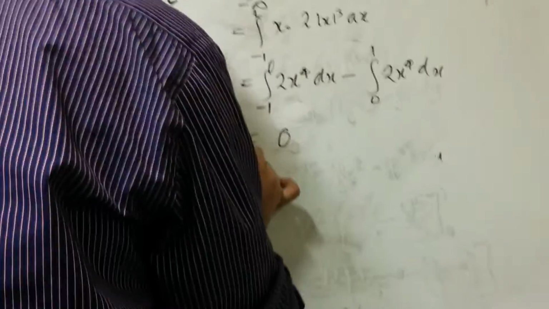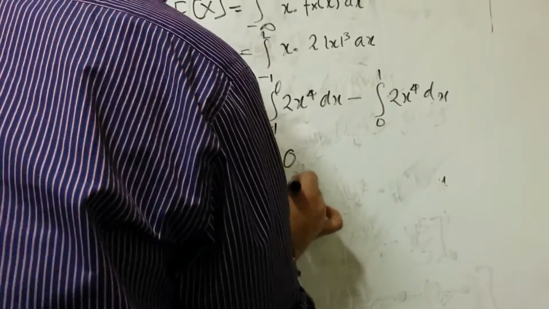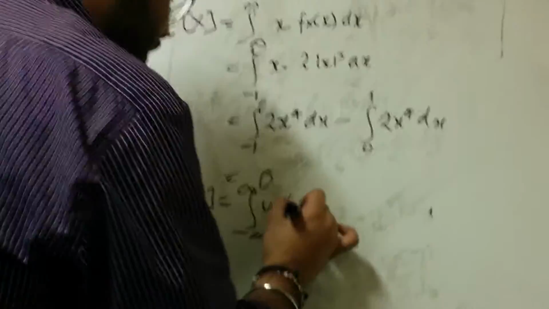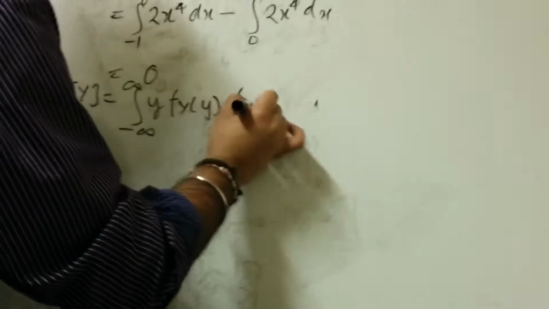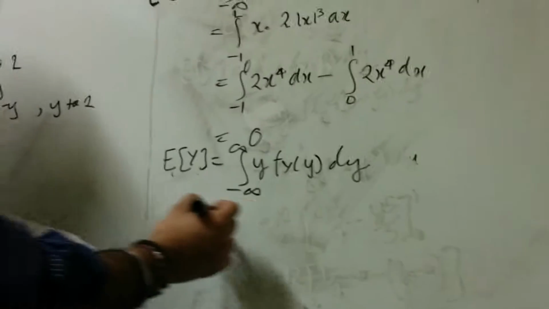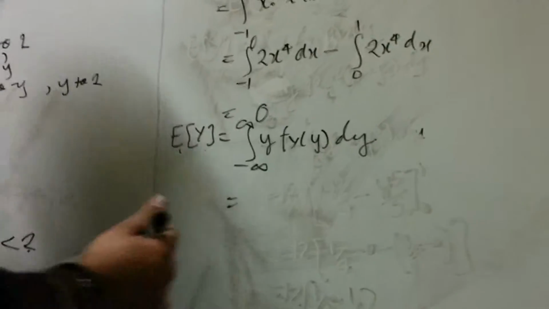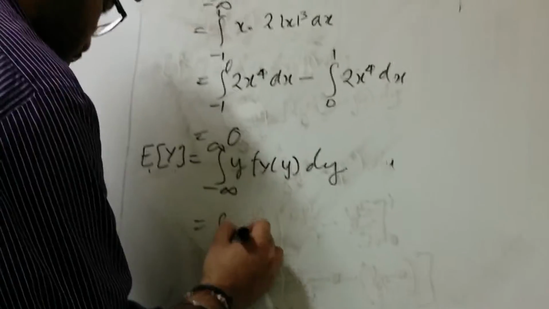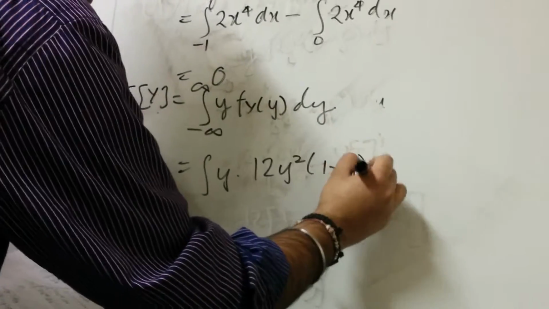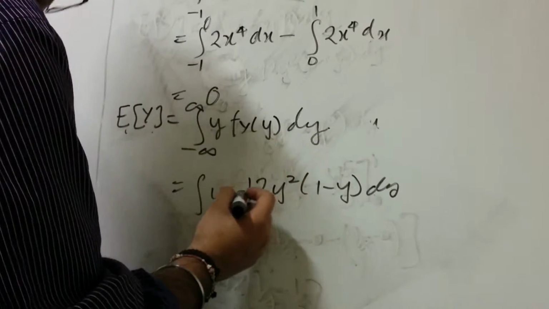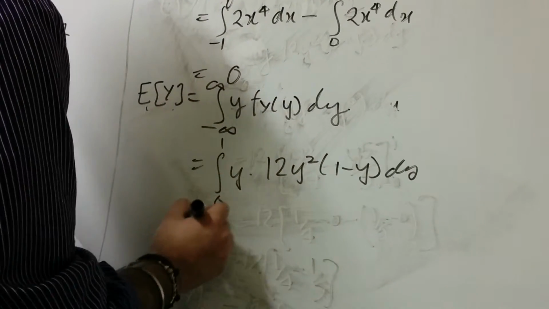Now the expected value of y would be integrating, that is, multiply y with the density function of y and integrate it with respect to y. So here y into 12y^2(1 - y), from 0 to 1.